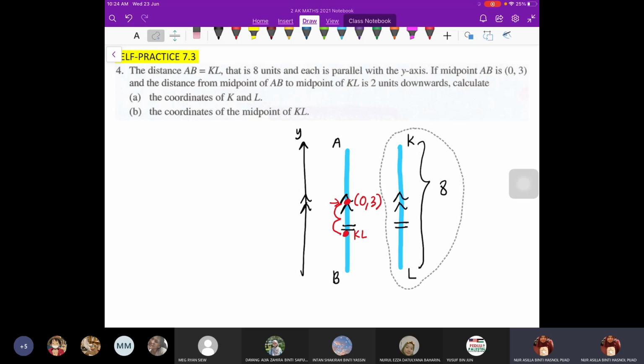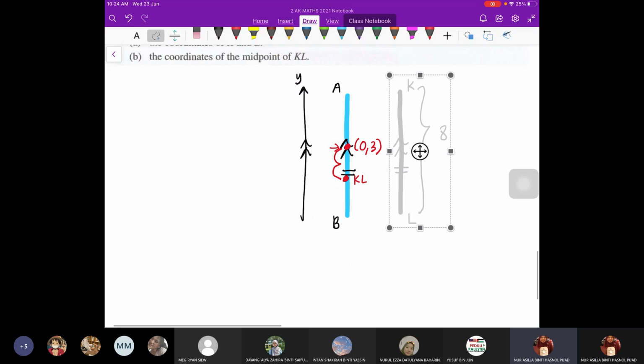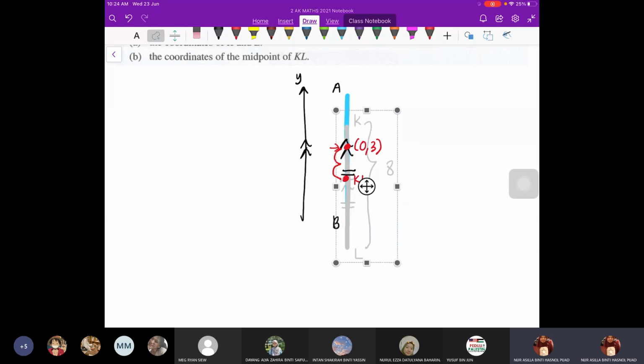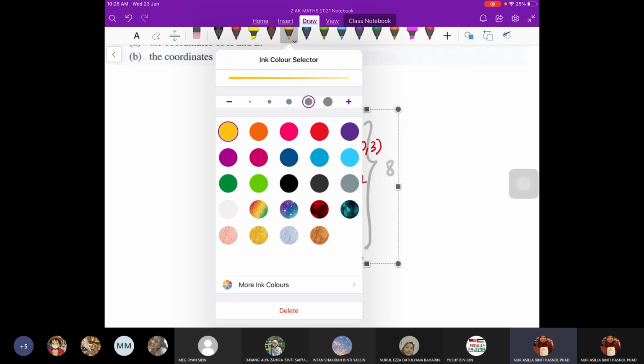Tak, mana dia patut ada? Okay. Jom kita ambil dia. Dia patut ada dekat sini. Okay, kita tukar warna dia. Warna apa? Hijau lah. Tak juga membantu. Sekejap. Tukar warna ni.